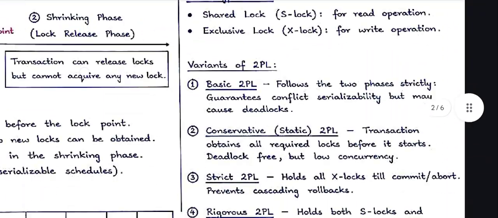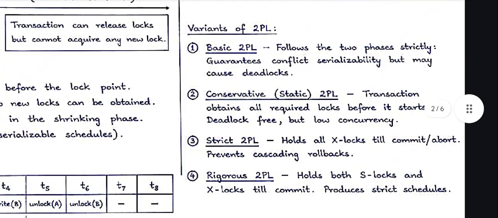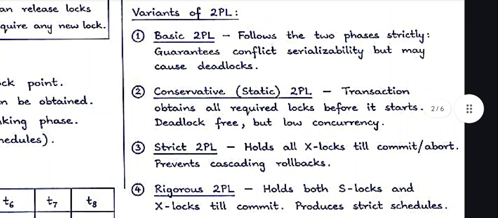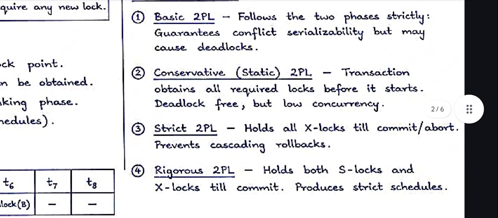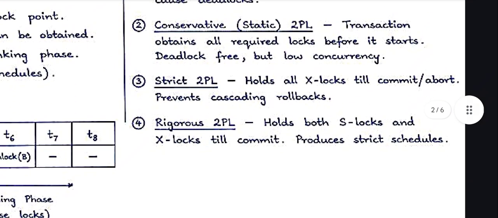Variants of two-phase locking are: basic two-phase locking follows the two phases strictly, guarantees conflict serializability but may cause deadlocks. Conservative static two-phase locking: the transaction obtains all required locks before it starts, deadlock free, but low concurrency.